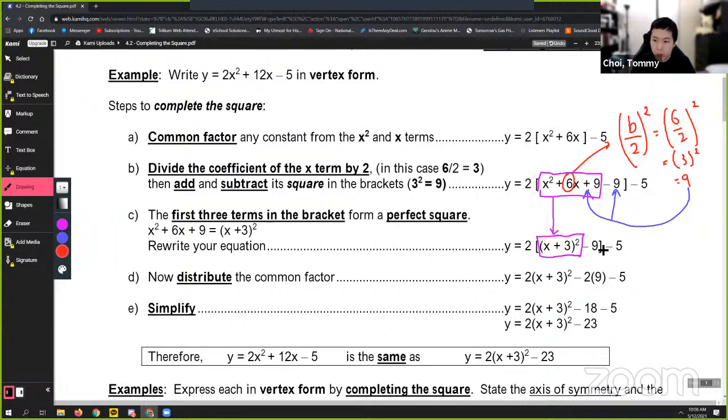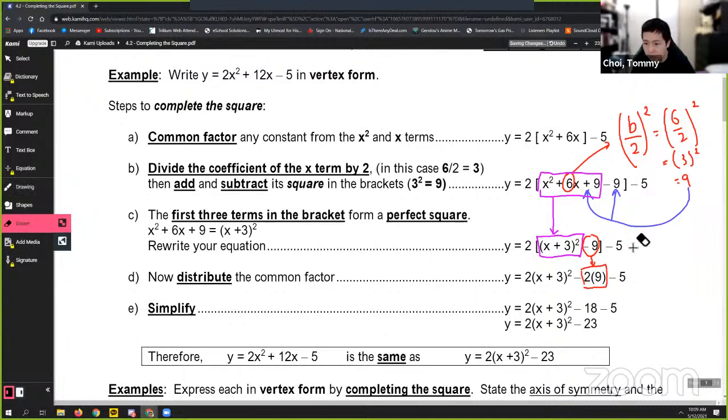Then we can take out the negative 9 by pulling it towards the outside, but when we do so, we have to apply the a value. Anything that pops out needs to be multiplied by the 2, and so that's this section here. Notice how it has popped out of the bracket, and it is now outside of the bracket being multiplied by 2.